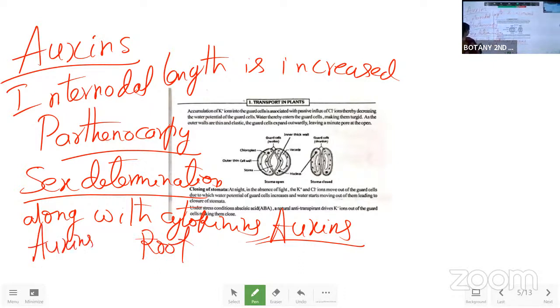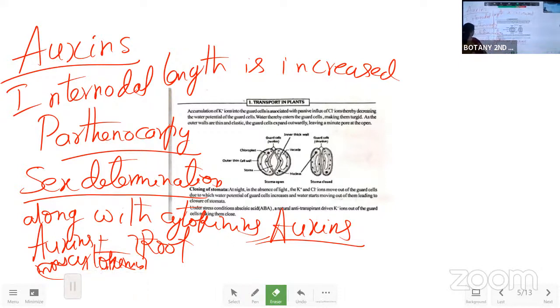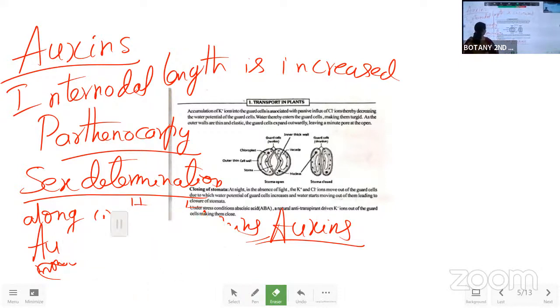Root formation happens when auxins are more and cytokinins are less. Okay, when cytokinins are more and auxins are less, then it promotes shoot formation in the tissue culture labs.